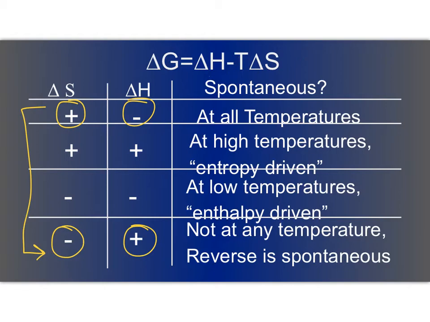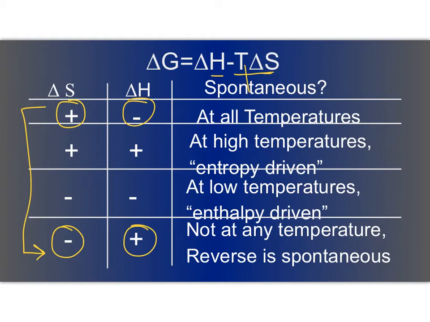And lastly, if we have a negative delta H and a negative delta S, once again, we would find out that one of these factors is going to create spontaneity.